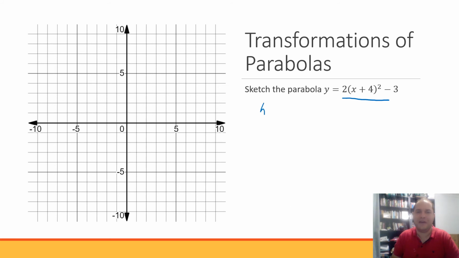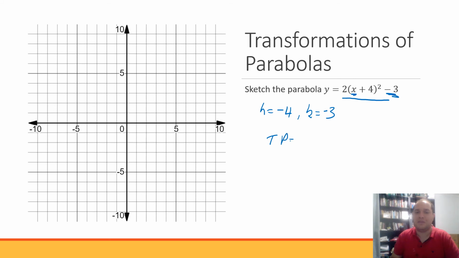Our h value is in brackets, it's horizontal with our x variable, and remember it's the opposite to what you think. So our h value isn't positive 4, it is negative 4. But our k value is how it looks, it is intuitive, so it's negative 3.